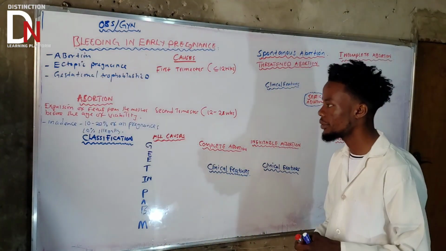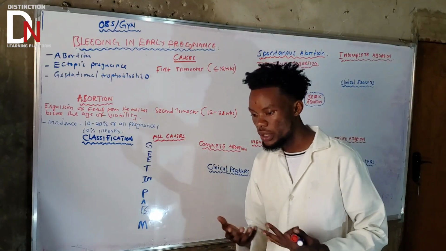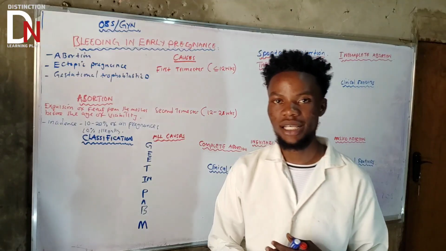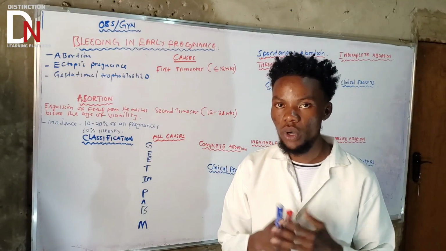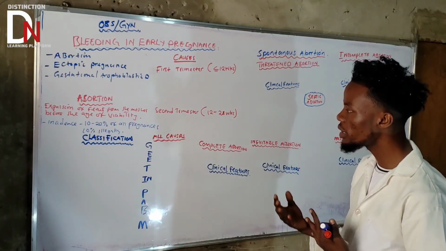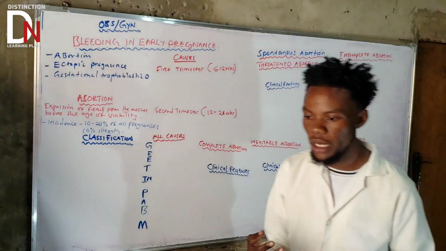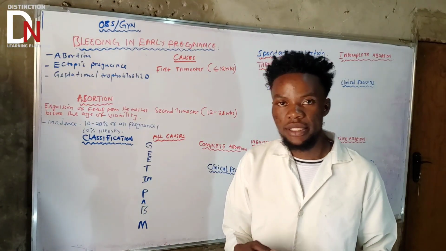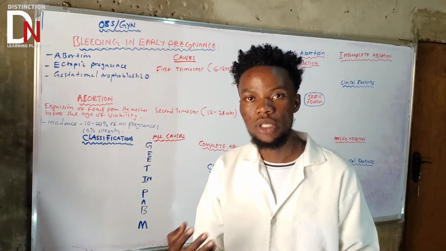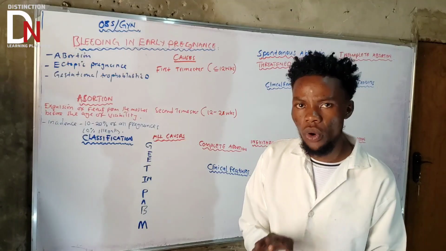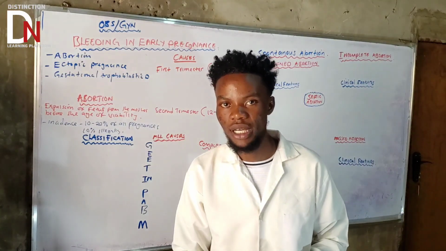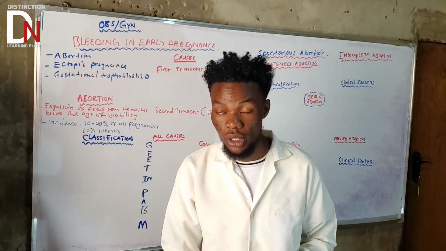Very important, okay? Now, since we've talked about the introduction of abortion, let's talk about how we can classify abortion. Abortion can be classified by how it happens. Is it happening on its own, or does someone want to induce abortion? On its own, we say spontaneous, and with induction, we say induced abortion.